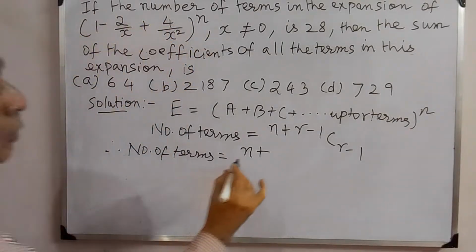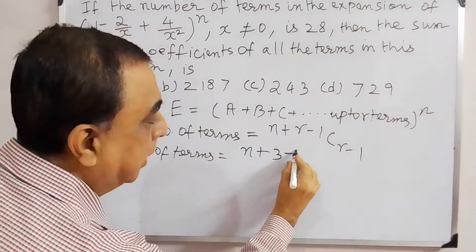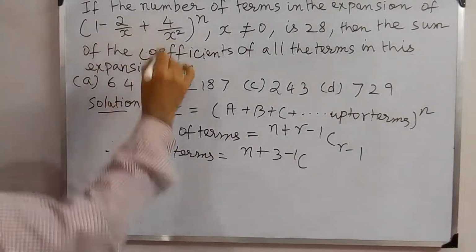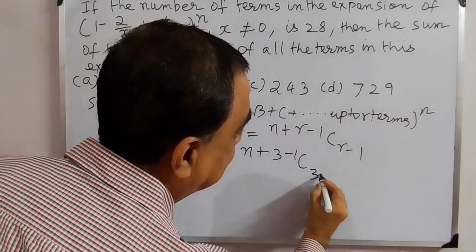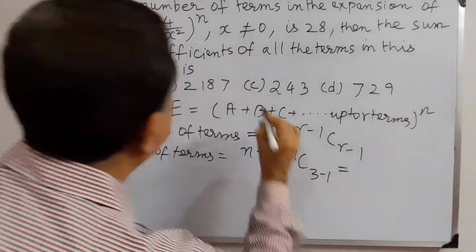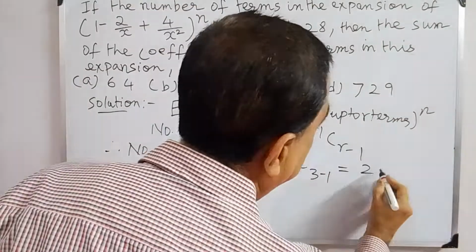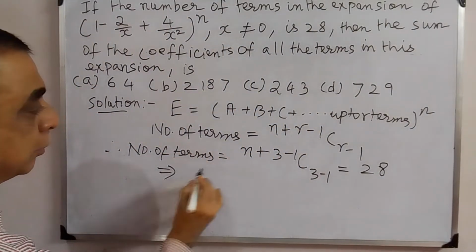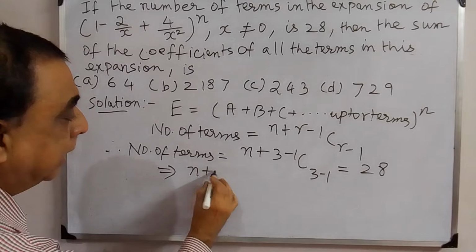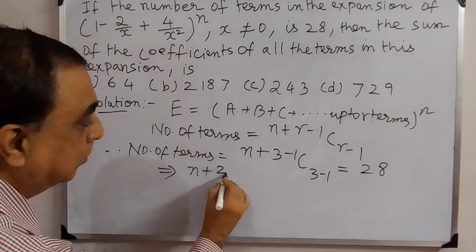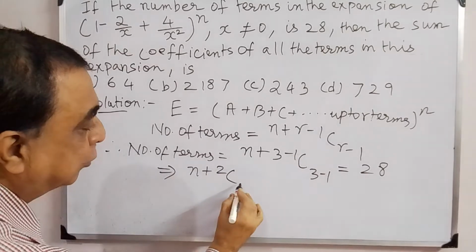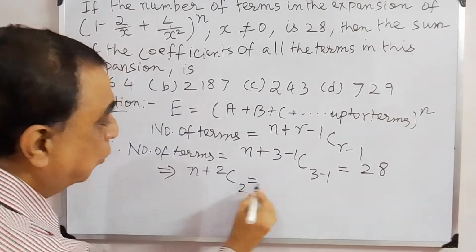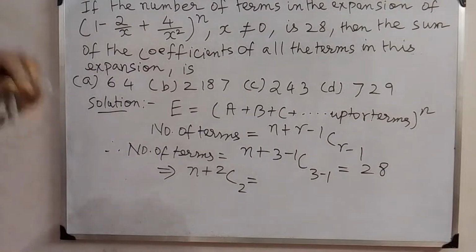There are 3 terms, so it will be (n + 3 − 1)C(3 − 1), which is equal to the number of terms, that is 28. Now solve this. We get n + 3 − 1; 3 − 1 is 2. So (n + 2)C2. Okay, so (n + 2)C2 means what?